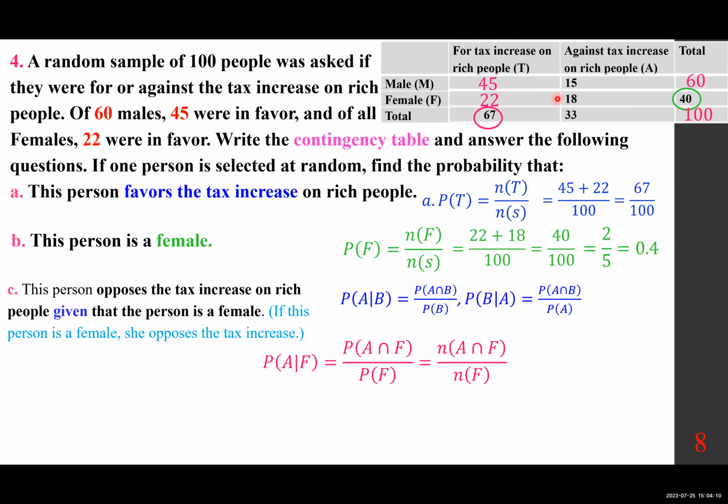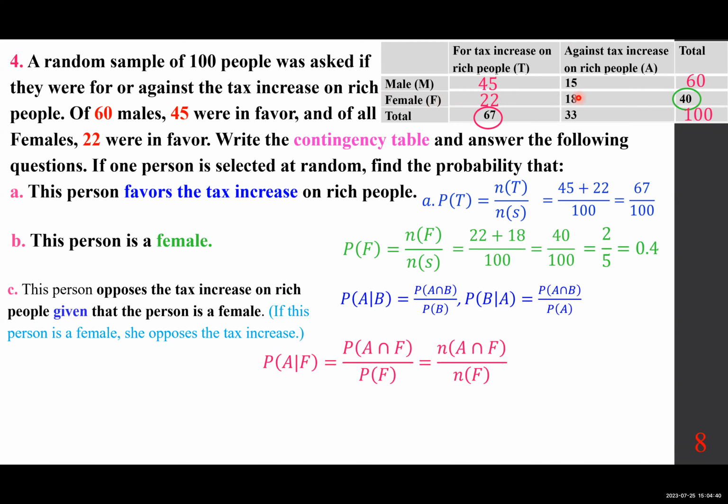So now the denominator is N of F, which is 40. So always write the denominator first. I think it's important to understand the sample space has changed, has shrunk to 40. Now, how many of those 40 are against the tax increase? That is the concept of intersection.